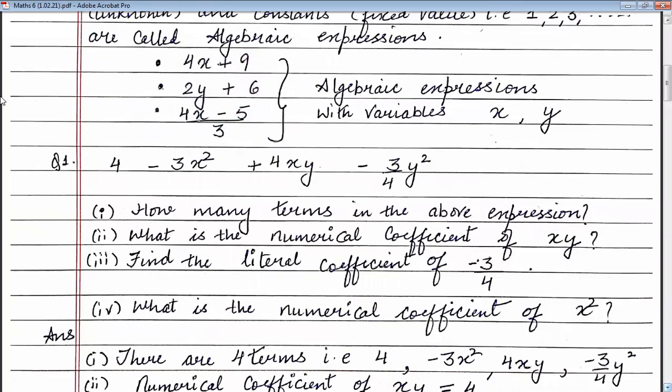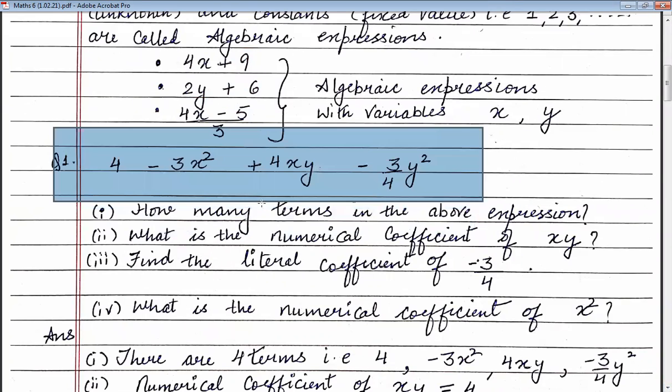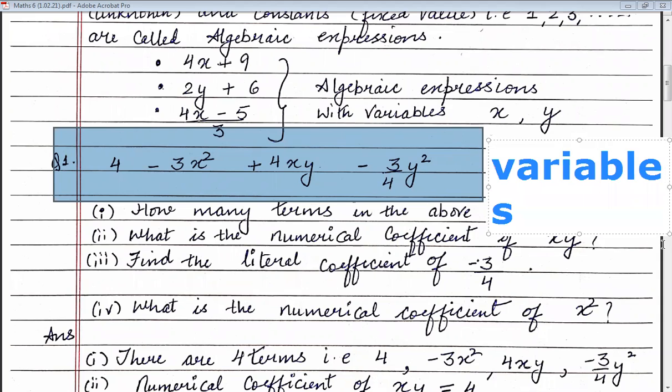Question 1. Now let's see what is in the question. An expression is given and this expression is an algebraic expression. Now children, can you tell me what variables are used here? There are two variables in this. Can you name those two variables? Your variables are x and y.